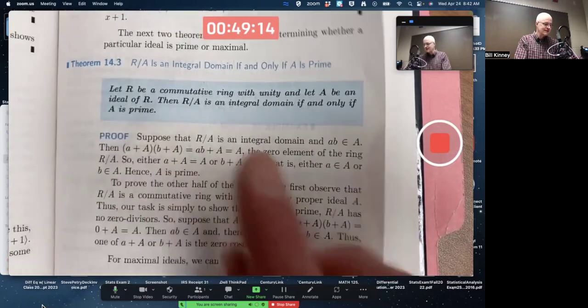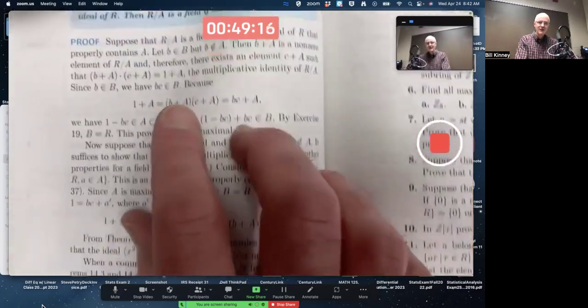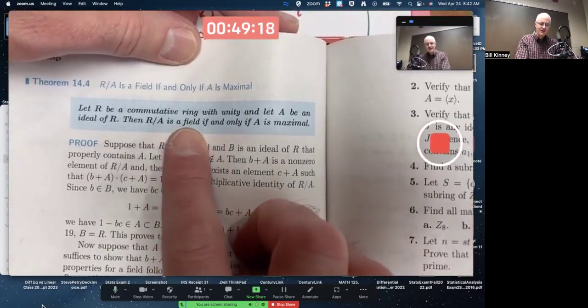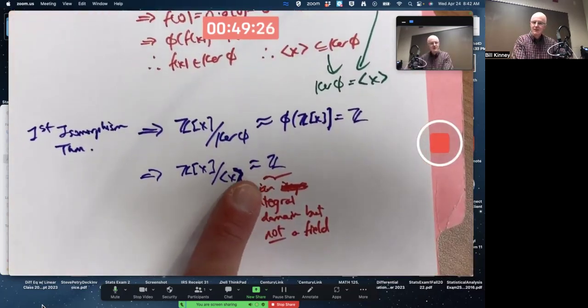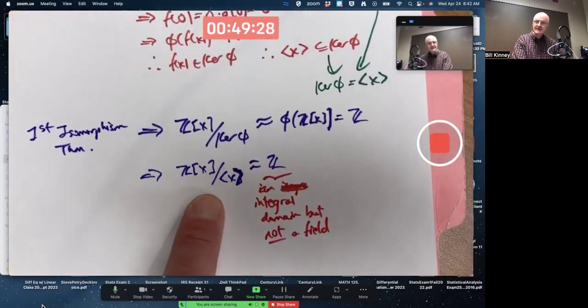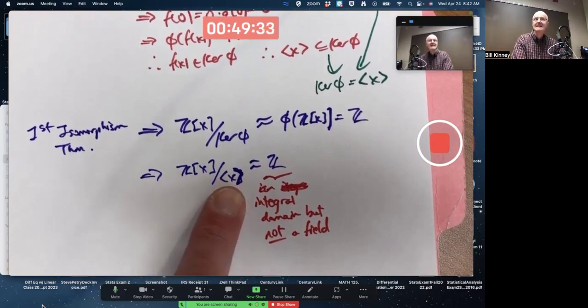And the other one was the factor ring is a field if and only if A is a maximal ideal. That's an integral domain, but not a field. Therefore, this is an integral domain, but not a field. Therefore, that principal ideal is prime, but not maximal.